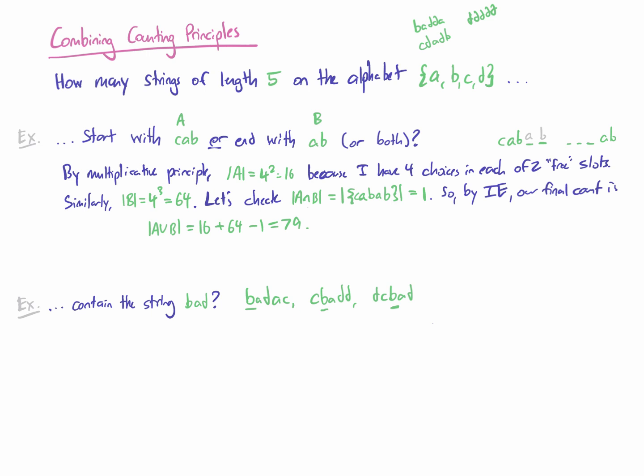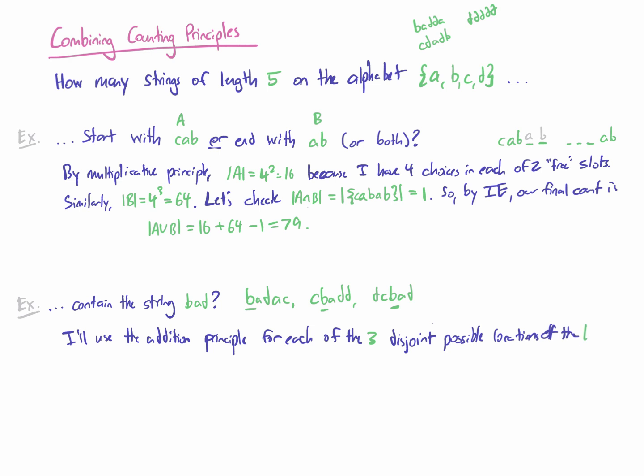Let's go ahead and log that. I'll use the addition principle for each of the 3 disjoint possible locations of the B. For each of those locations, let's imagine I put the B in the first slot.